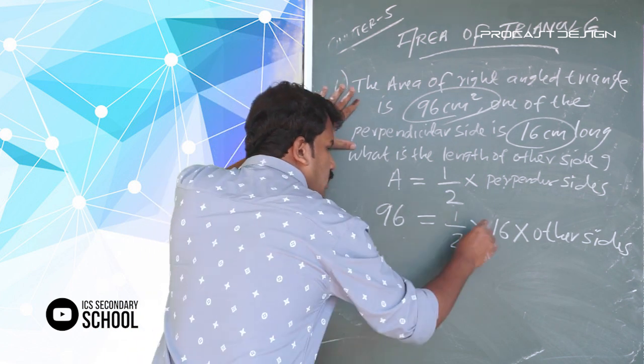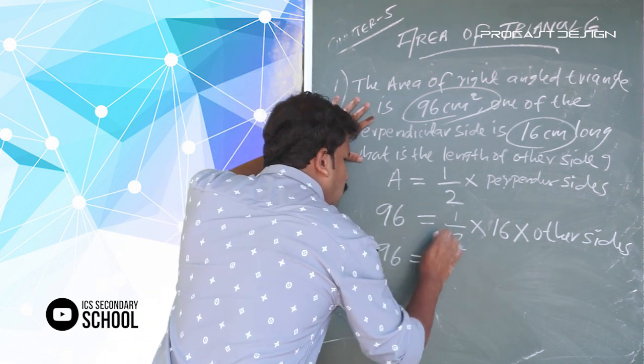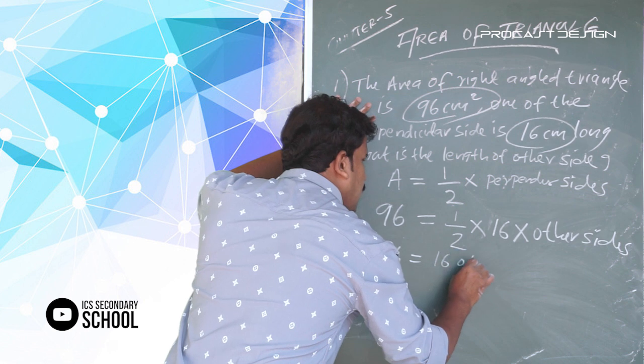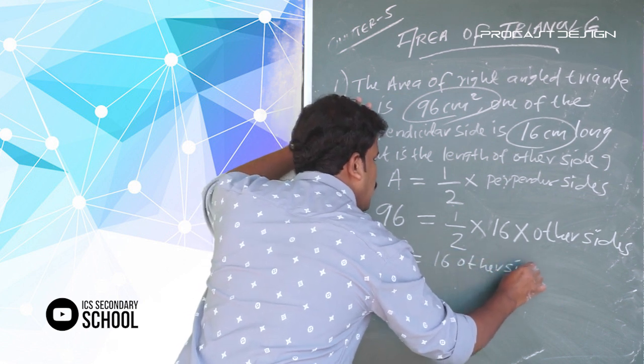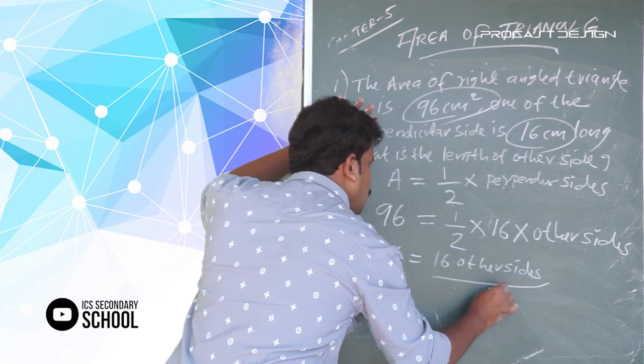That is, 96 equals 1 into 16 into the other side, divided by 2.